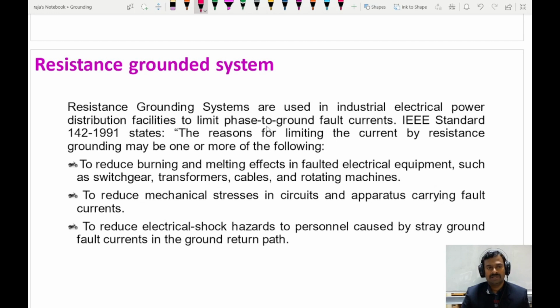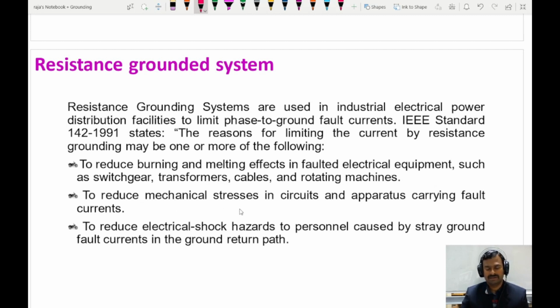Anyhow, the resistance grounding system is used to reduce the burning and melting effect in the faulted electrical equipment, because it reduces the fault current so that it can safeguard the switchgear, transformers and cables, and rotating machines like generators and motors from these burning or melting effects.